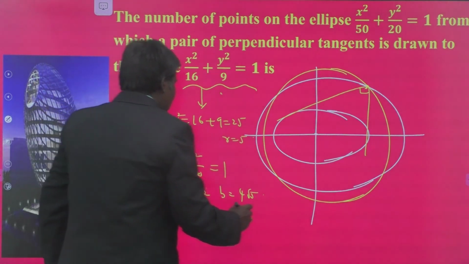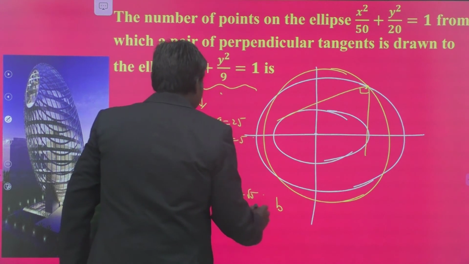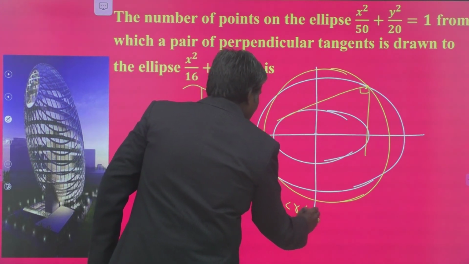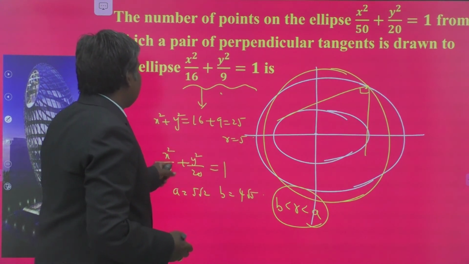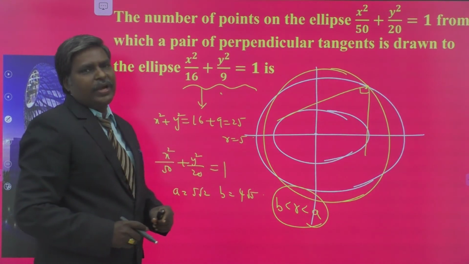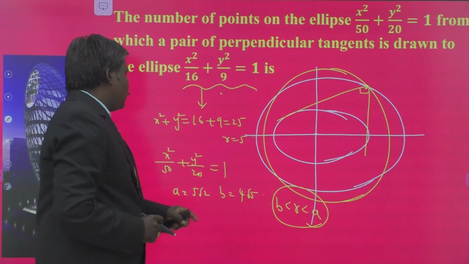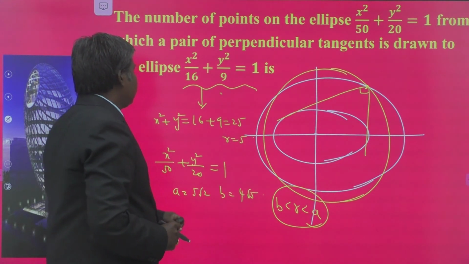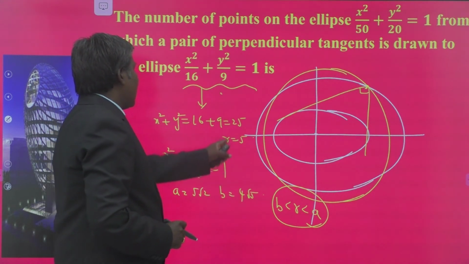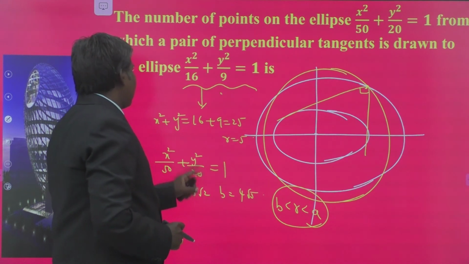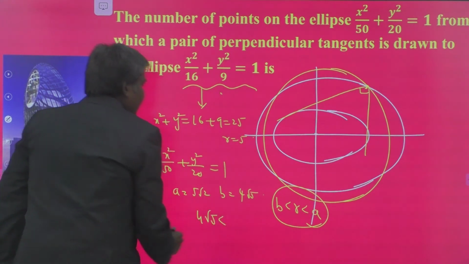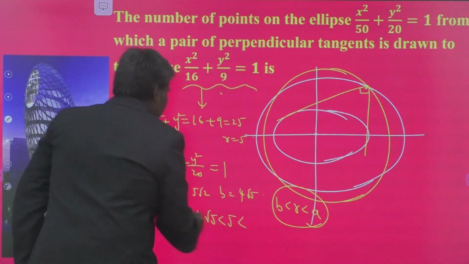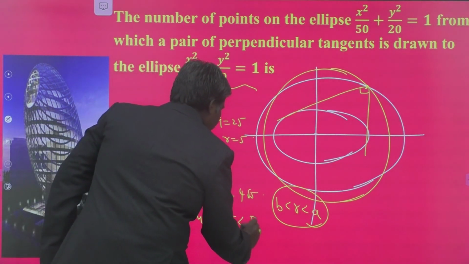If B is less than R and R is less than A, then immediately your circle intersects the ellipse at 4 points. We know that condition. B square is 20, R square is 25, A square is 50. Clearly 2 root 5 is less than 5, which is less than 5 root 2.